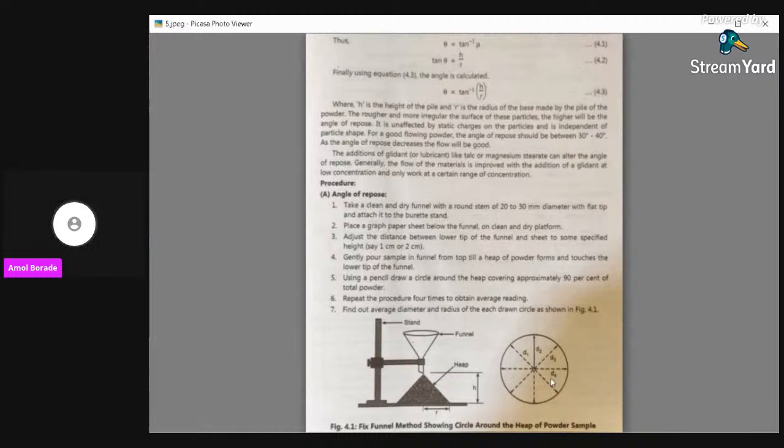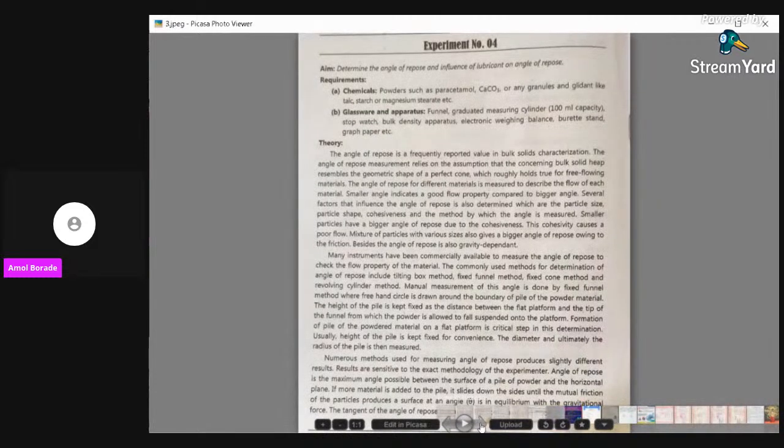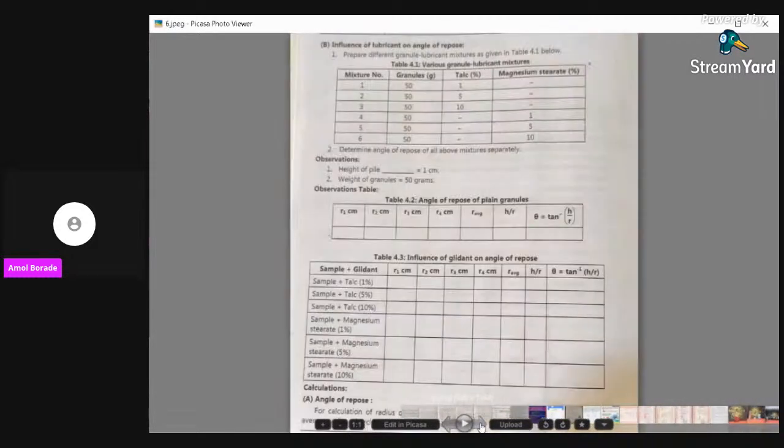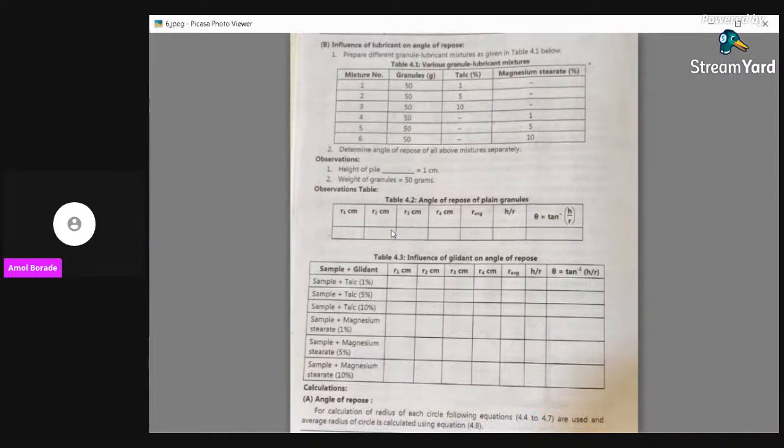Now, what is to be done further? You can see the table over here. It has been mentioned as the influence of lubricant on angle of repose.